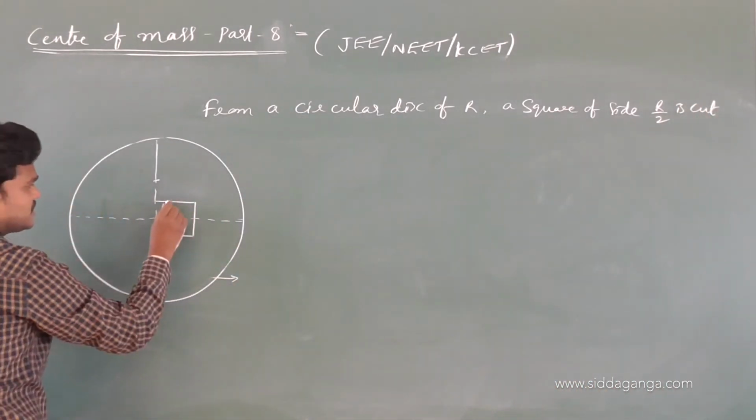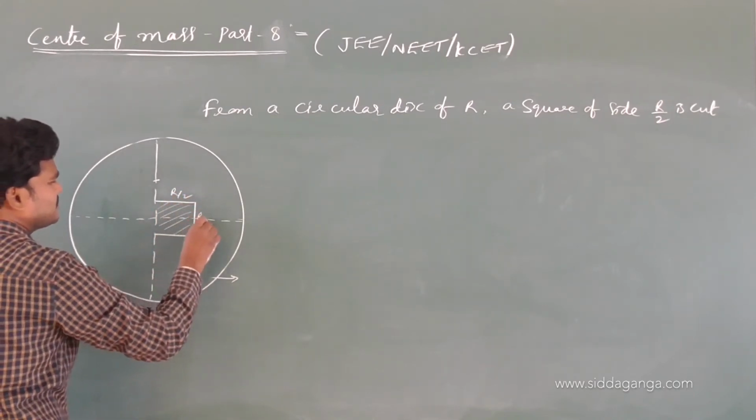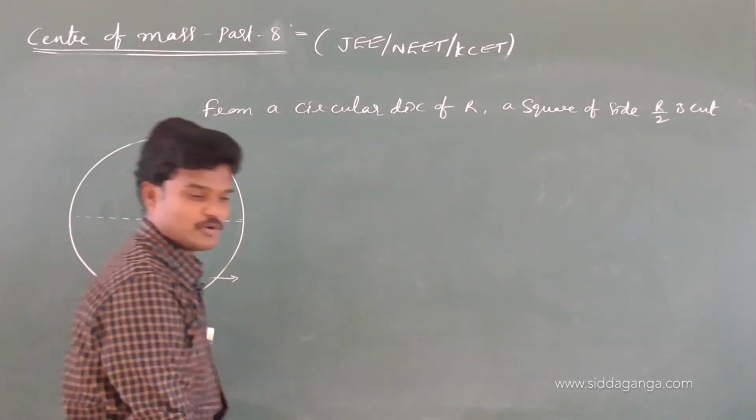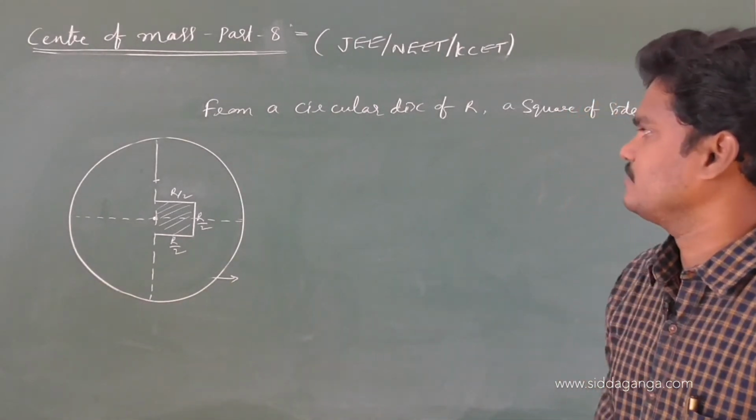So this is the square of side r by 2 that is cut. Then try to do this problem. There is a small delay because the question was confusing. Anyhow, now it is clear.